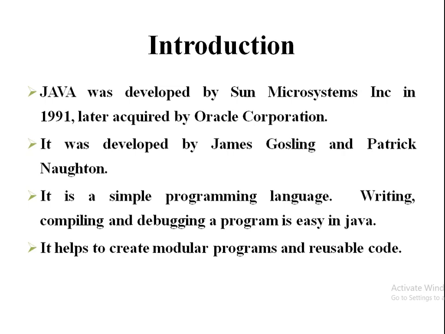We can write programs very easily, and it also helps to create modular programs and reusable code. It means we can write the code once, but use that code many times in Java. And writing, compiling and debugging programs in Java is very easy.